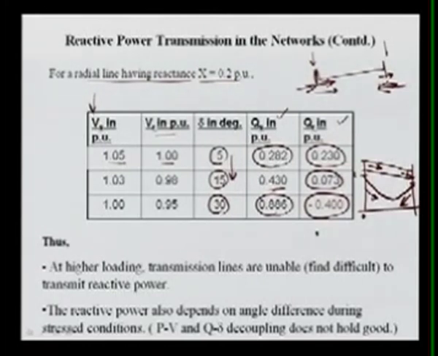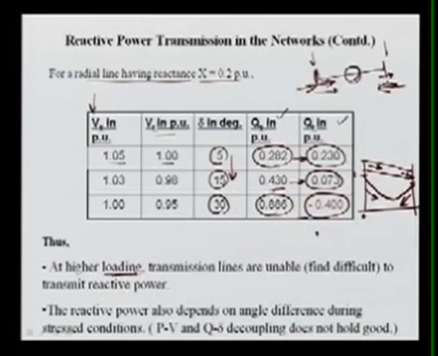So if your loading is increasing, this line is unable to transmit; here the reactive power was transmitted, here the reactive power was almost not transmitted, and the line is completely absorbing. In this case, it is taking reactive power from both ends.